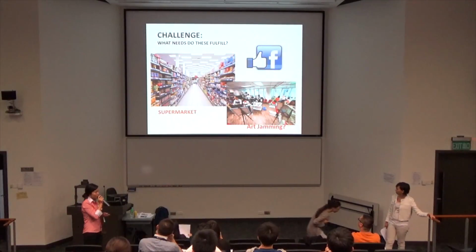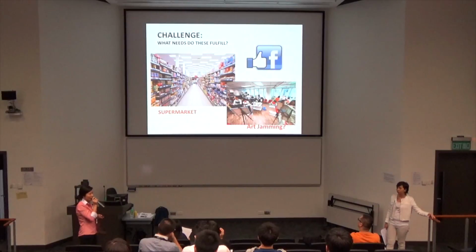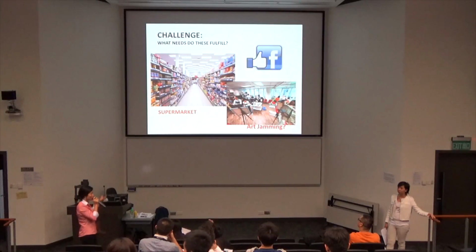If you want to create something new, or you have an innovation idea, it is about how the market talks about demand and supply. You can think about supermarkets and art jamming. Why do people love to go art jamming? Why do people want to go to a supermarket instead of a mini store? There is a need.